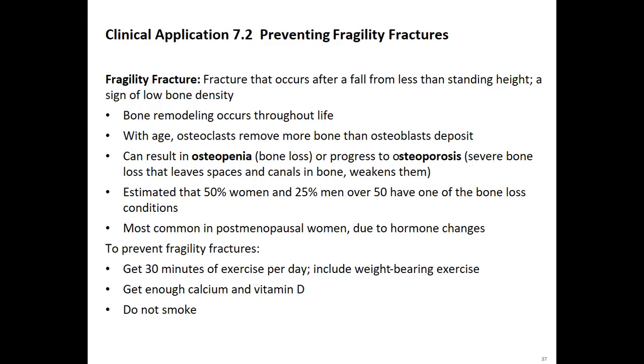Make sure that you're eating foods that are high in calcium, and make sure that you are getting adequate vitamin D, including sun exposure, so that your body can make adequate levels of vitamin D, so that whatever calcium you are taking in, you can absorb it so that your body can continue to deposit it into your bones to make them stronger.